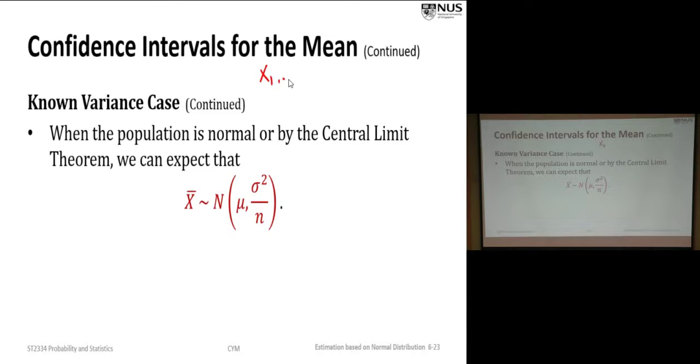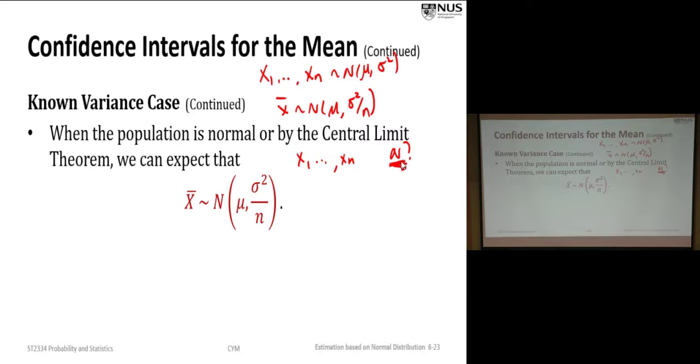You have x1 up to xn, and if they are normally distributed, then X bar will be normally distributed with mean mu and sigma square over n. This we have discussed in the previous chapter. Even if we just have this, and we don't know whether it's normal or not, it's questionable.